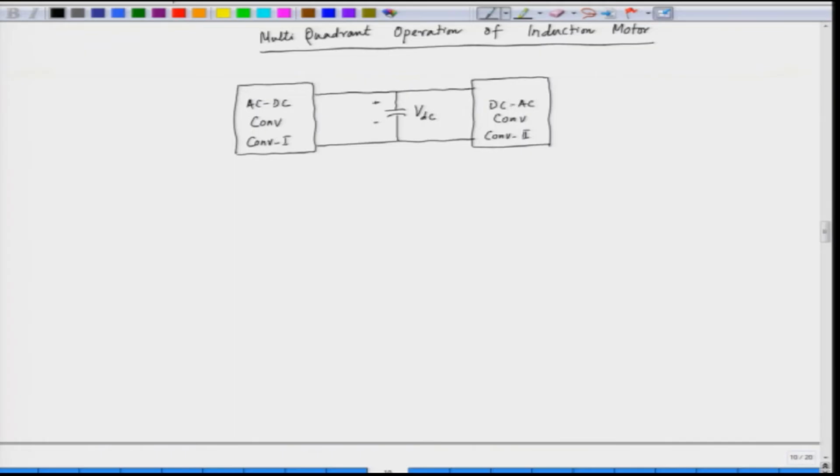So, the output of the DC to AC converter is AC. So, we have the induction motor here, which is supplied from this DC to AC converter. So, this is a 3-phase induction motor, which is being fed from the DC to AC converter, that is converter 2. What about the first converter? The first converter is supplied from the AC supply through some inductors.